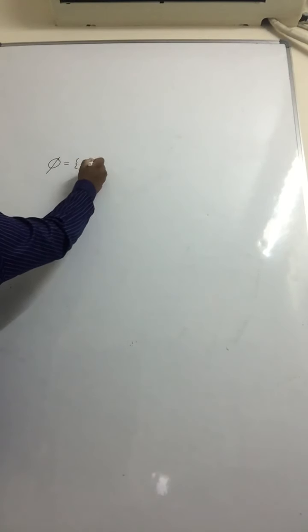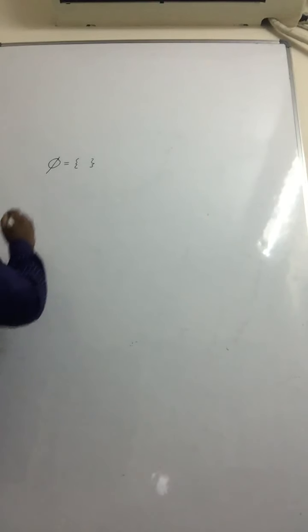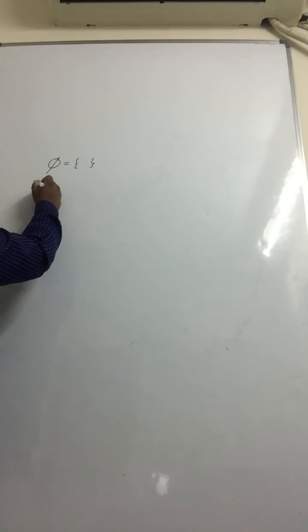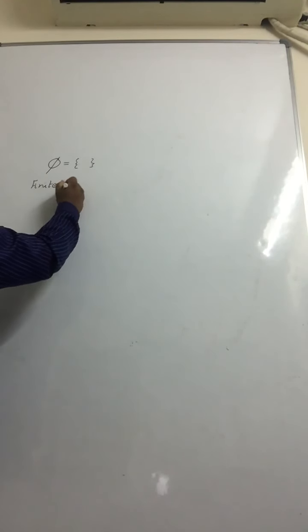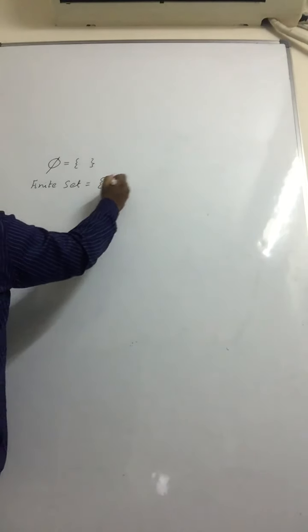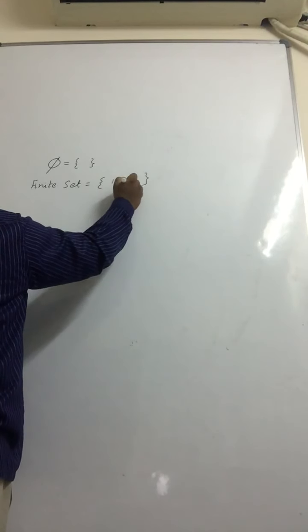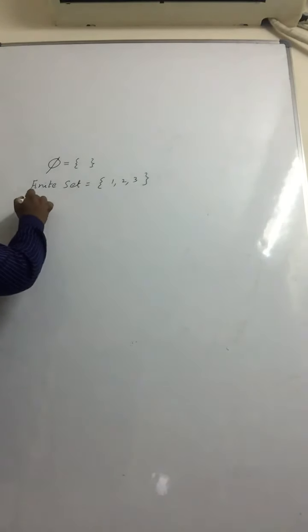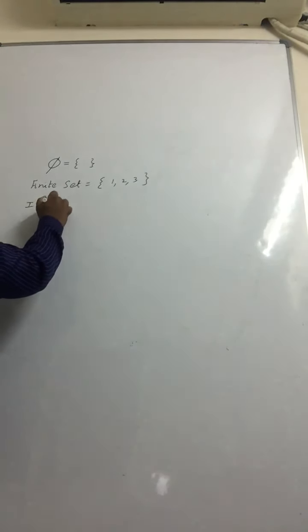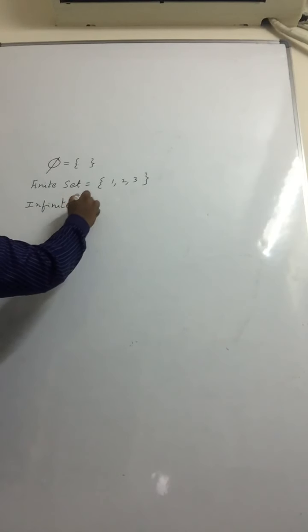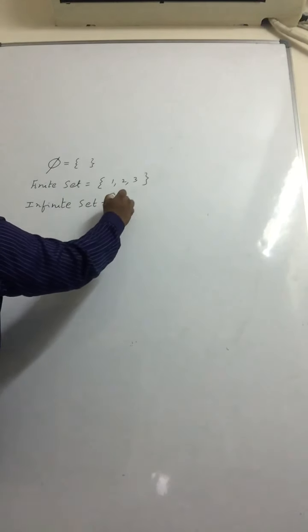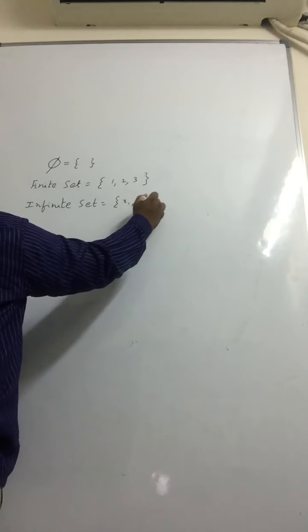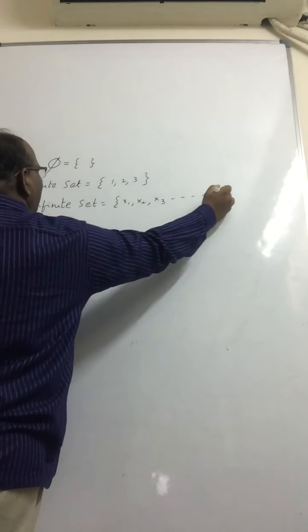This one is an empty set, a set without elements. If you write finite set, it means a set with a finite number of elements, maybe 3, 4, 5 like that. Infinite set means there are many elements, x1, x2, x3, like this.